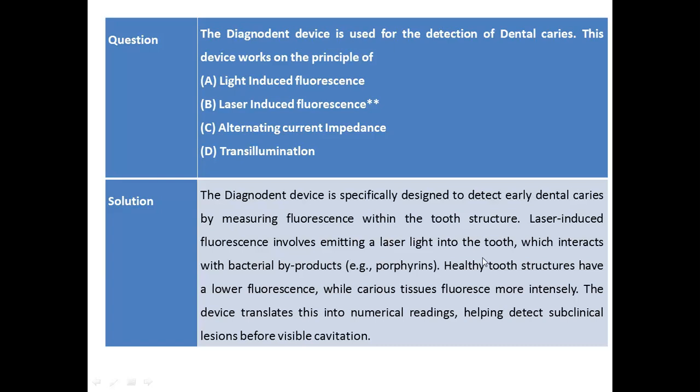Normally this device translates this into numerical readings, so you can easily understand whether cavitation is there or not. Mostly it is used to detect early dental caries, or we can say incipient dental caries.